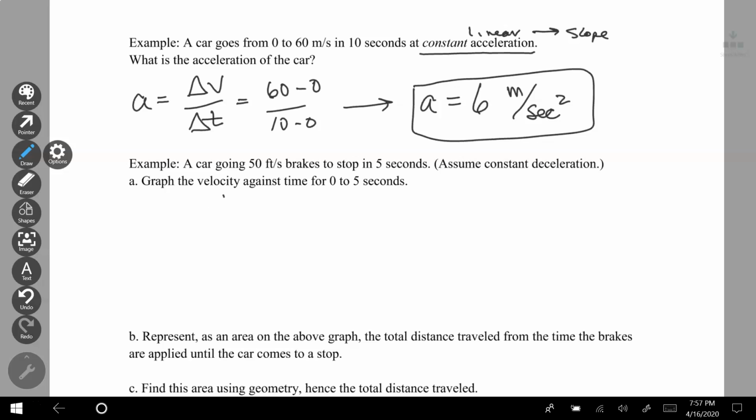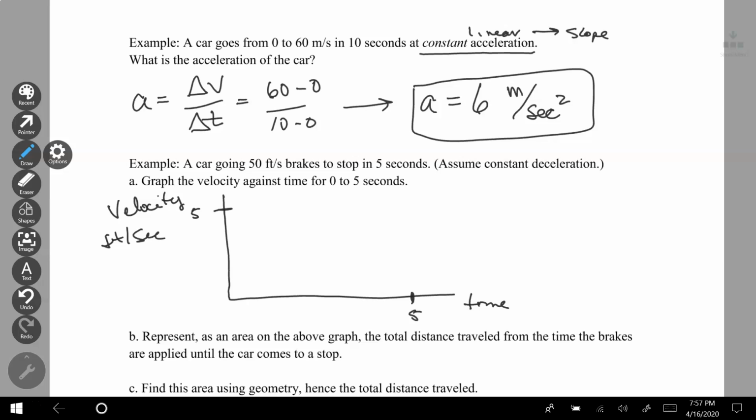So I have a car that stops in 5 seconds, and it takes from 50 feet per second. So here's velocity in feet per second. Here's time. This is 5 seconds. This is 50 feet per second.